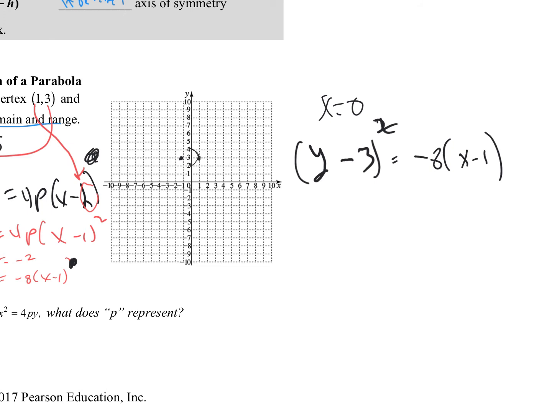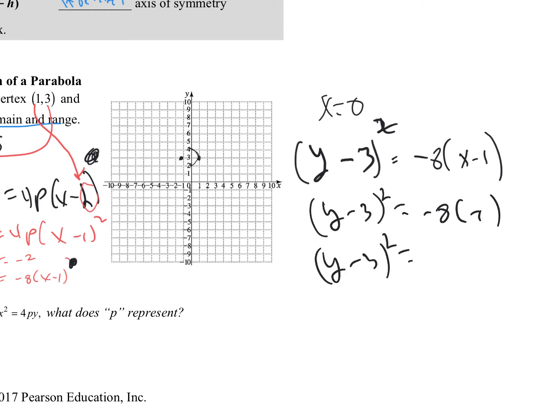If x is 0, then y minus 3 squared equals negative 8 times negative 1. That's y minus 3 squared equals, if that's a negative 1, it gives me 8. Take the square root of both sides, plus or minus. Obviously, I'm going to need 2 of them because this thing opens that way and that way. And I don't like the square root of 8 because it's not very perfect.